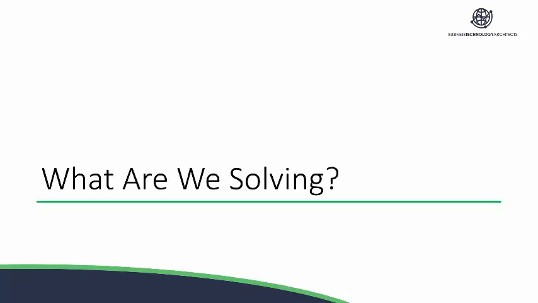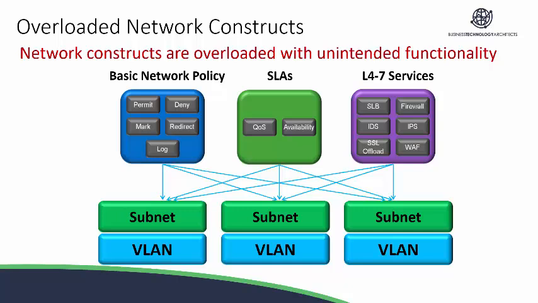So the question comes down to, what are we actually physically solving? I think it's fair to say that we use VLANs and IP subnets as policy boundaries. Think about it like this: access control lists, quality of service, load balancing, among others. VLANs have a lot of local significance.